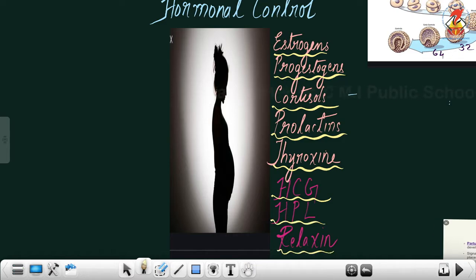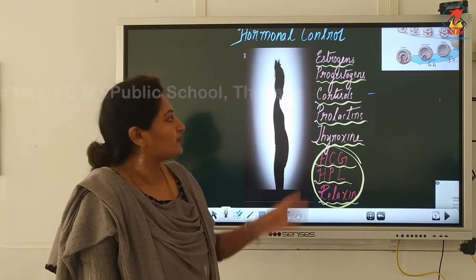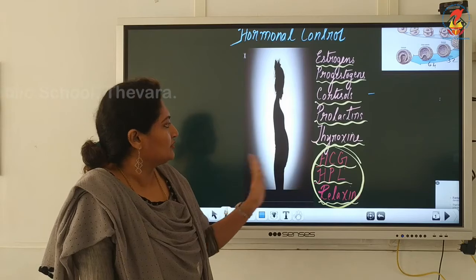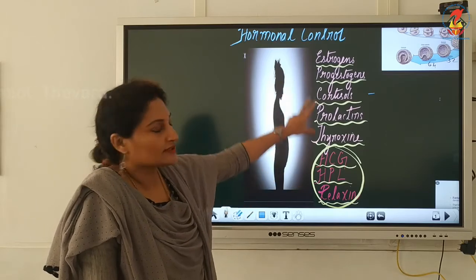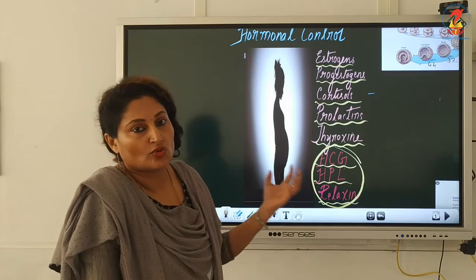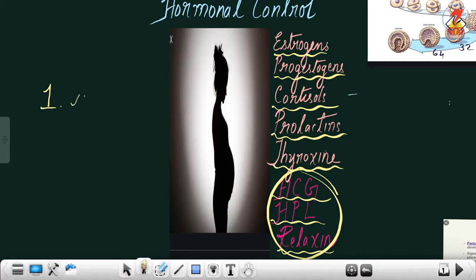Now, I have highlighted HCG, HPL and relaxin in another color to indicate that these are produced only when a woman is pregnant, whereas the other hormones are present in all girls or females. Okay, so these are the hormones which are present in very high levels. Why are these hormones present in high levels? Very important, it supports the metabolic changes the mother is undergoing.